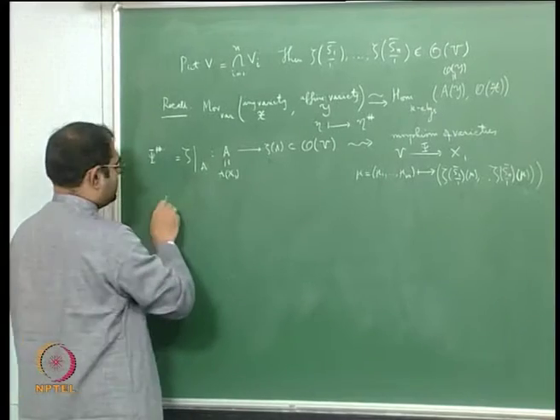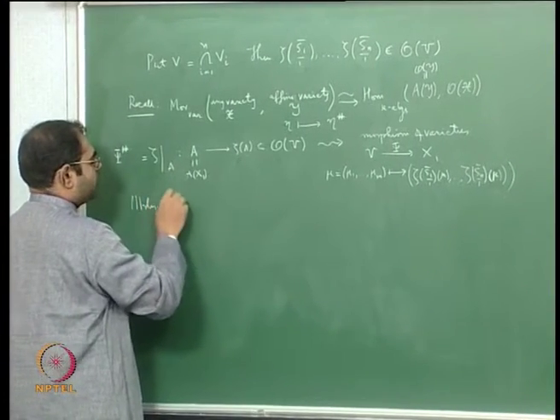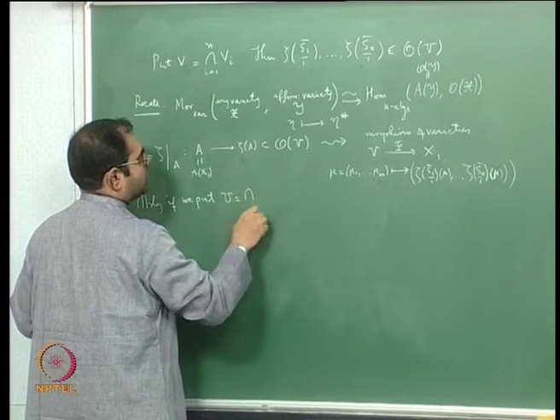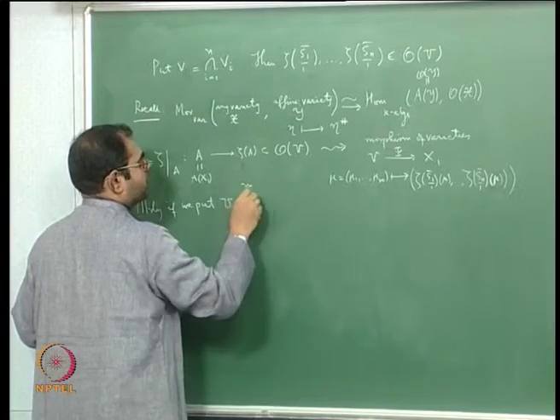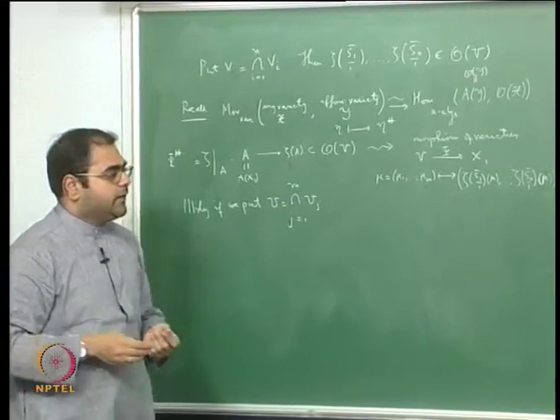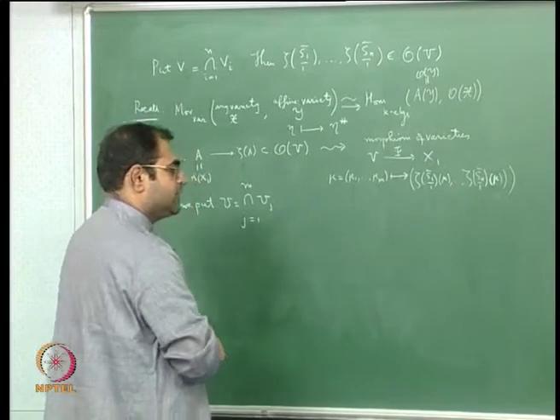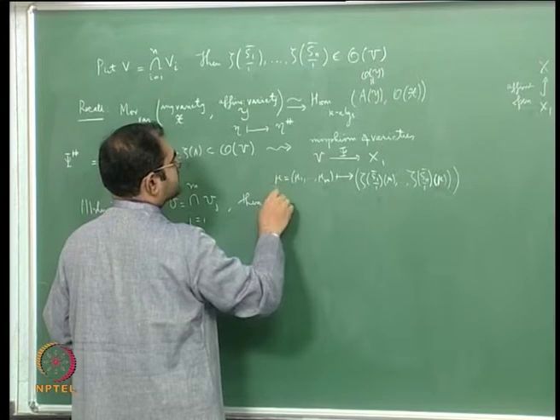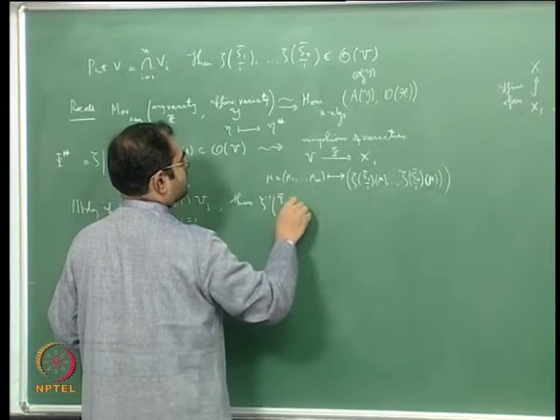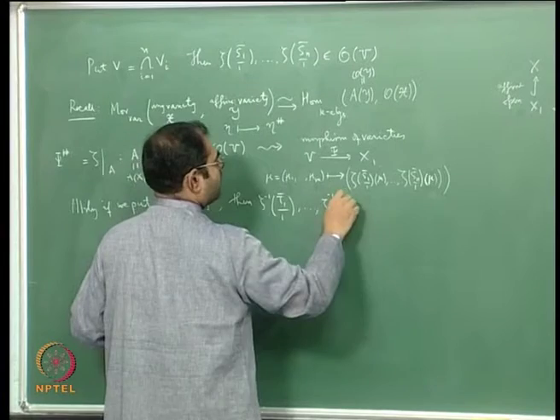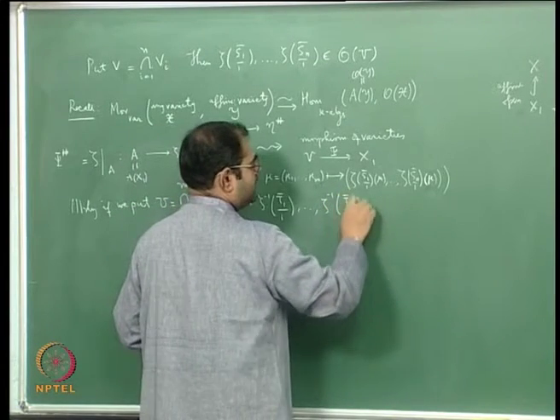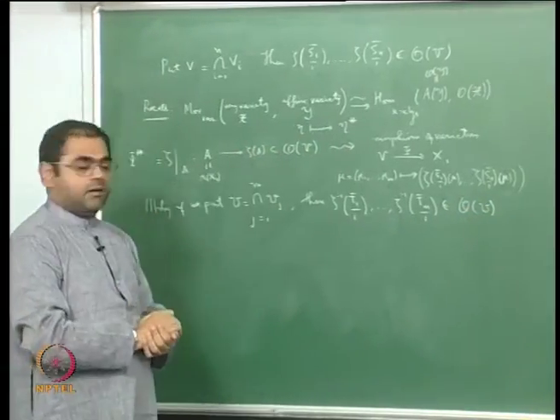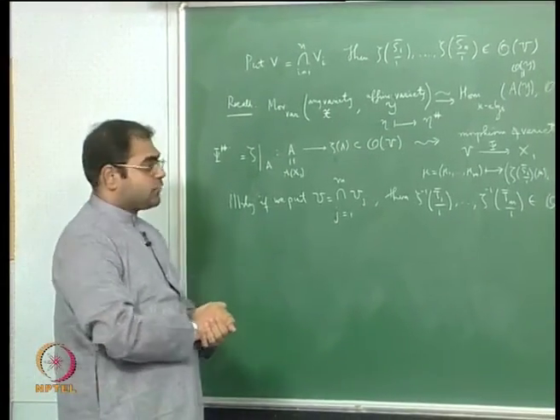So similarly, if we put U equal to the intersection over j equal to 1 to m of Uj, then zeta inverse of t1 bar by 1 up to zeta inverse of tm bar by 1 are all going to be in OU, where U is an open subset of X1.